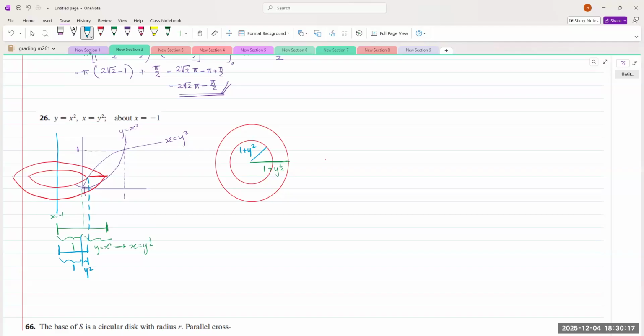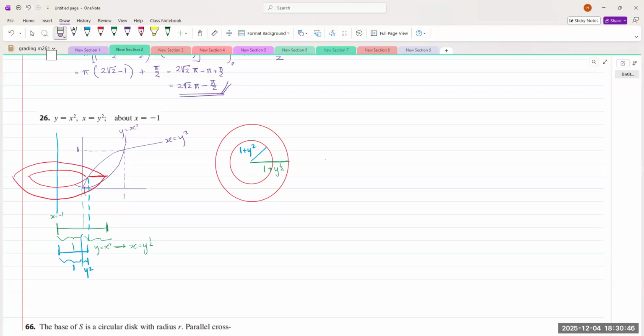This is the small radius here, if I repeat, that's the 1 unit here plus y squared. 1 unit from x equals -1 to the y-axis, then from the y-axis to the curve to the left is y squared.